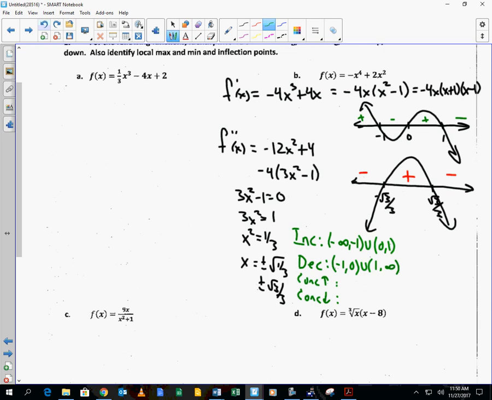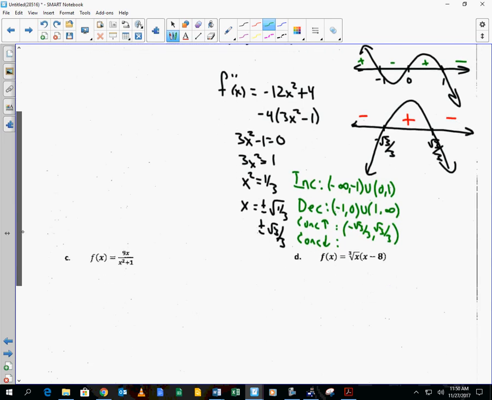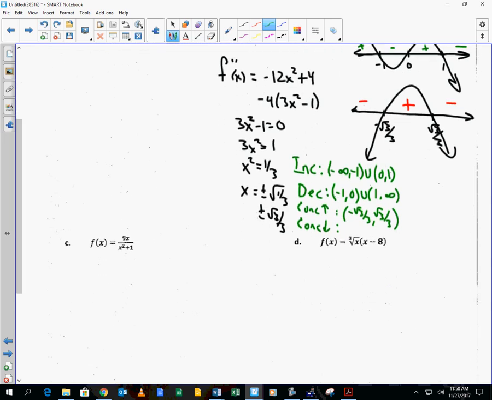Concave up. When? Concave up. Right. Negative root of 3 over 3 to root of 3 over 3. We'll get to that.